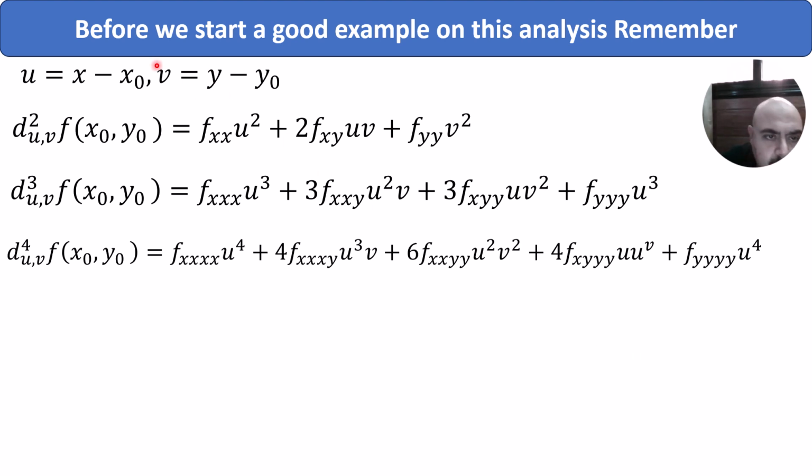We already went through all of this previously in the first part: how to get the first partial derivative, the second partial derivative, and the third partial derivative at certain points.